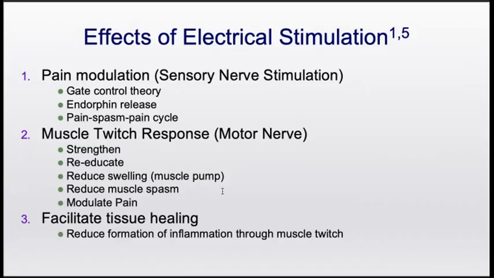It can help to reduce any sort of muscle spasms for people who have incredibly tight muscles and might be on antispasmodic medication and Robaxacet type of medications. And then we can modulate their pain as well, which goes back to that sensory nerve stimulation. And the last thing we can do is facilitate tissue healing. And this happens in terms of reducing the formation of inflammation with that muscle twitch.